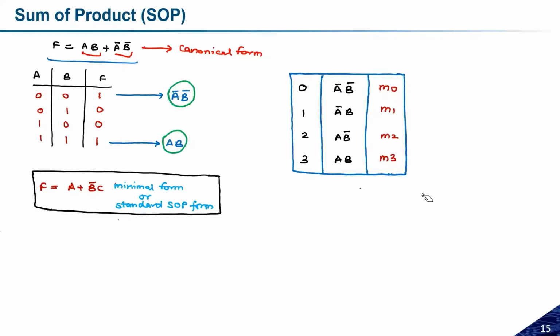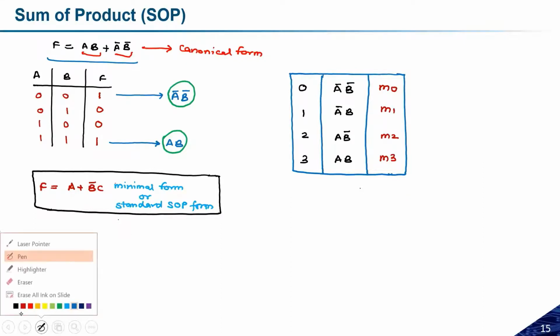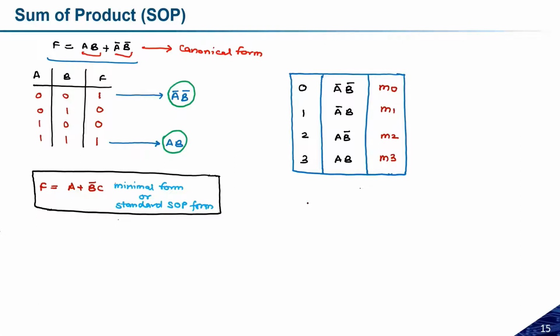Okay, so to represent any function in the sum of product form, or SOP form, I need to write it like this. That is represented as f function, and we have two variables A and B, equal to, because we are summing the min terms here, we need to write the summation here.